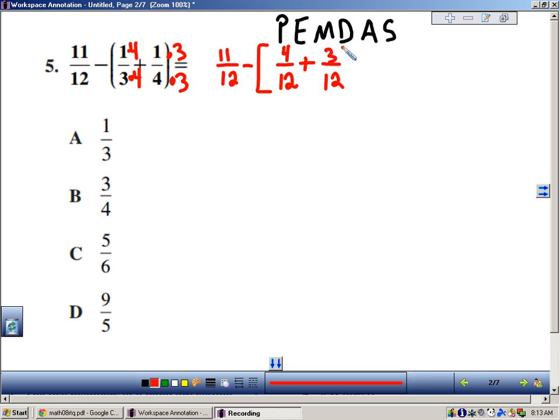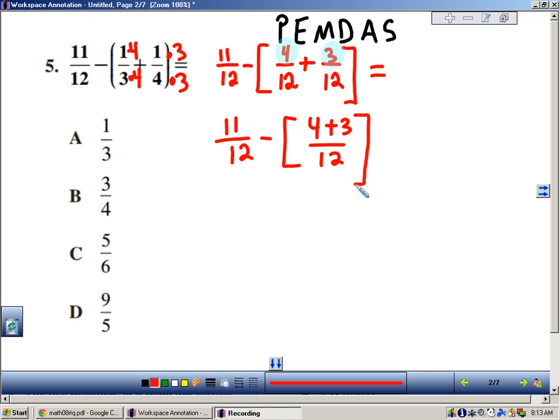So the order of operations again says to work within your parentheses first, and 4 plus 3 is 7. Now I want to verify that when you add 4 and 3, I can do that mentally, but if I were to show every single step, it would be written this way. 11 over 12 minus 4 plus 3 over 12.